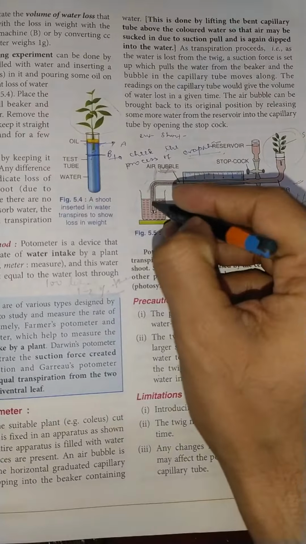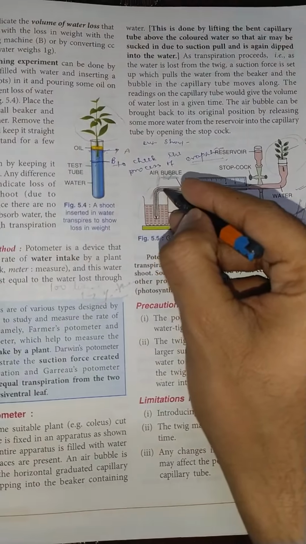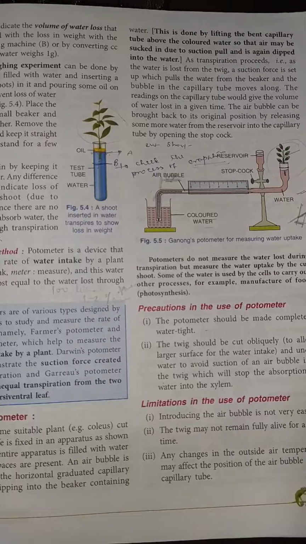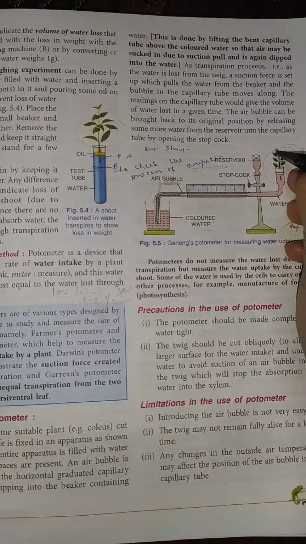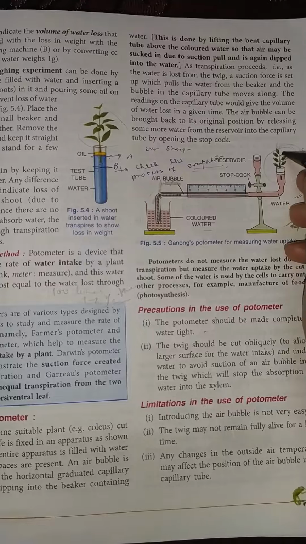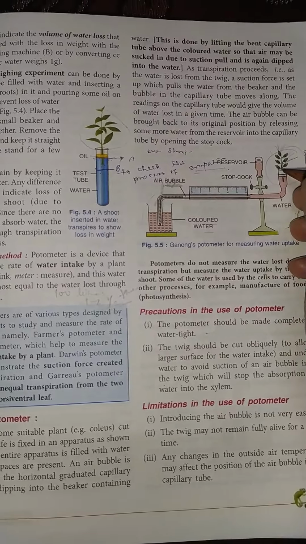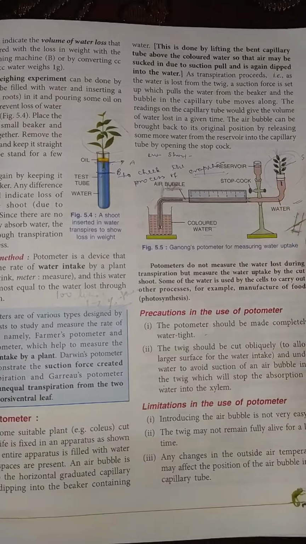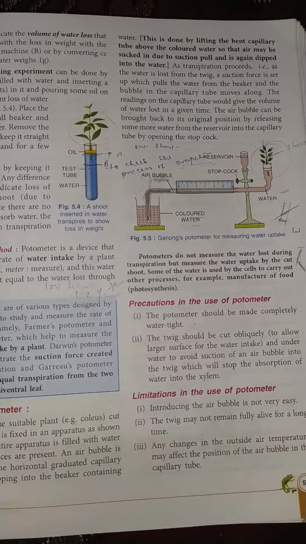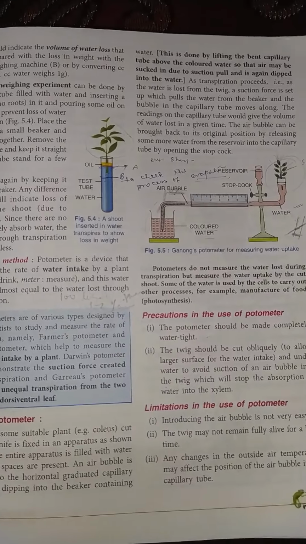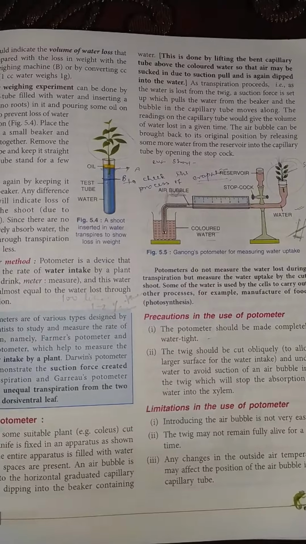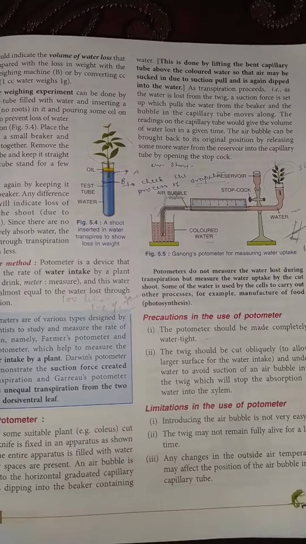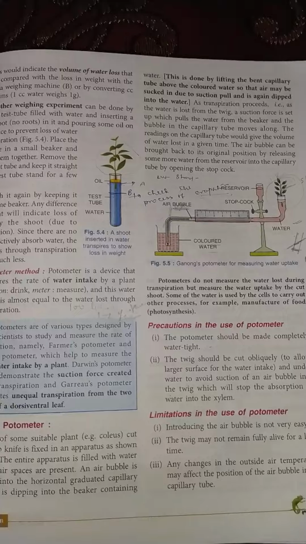After 2 hours you will see that the air bubble is gradually moving towards the other end of the capillary tube. The reason is that when the leaves start transpiring water, a suction force is created in the stem first, and that suction force is also created in the capillary tube. Just as when we drink a cold drink using a straw, we create suction force with our mouth. That suction force pulls the air column toward our mouth, and it also pulls the liquid in the bottle upward.